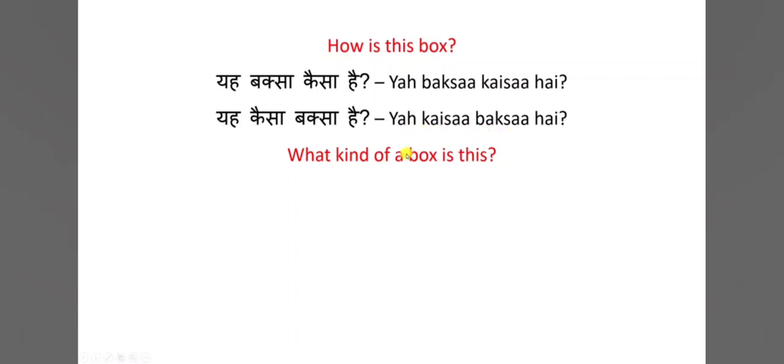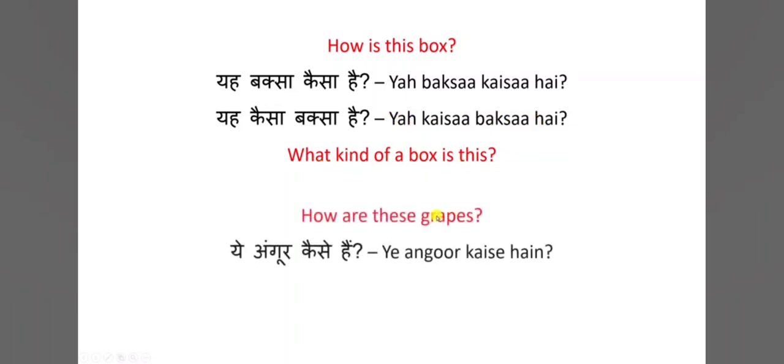This is this, and not how is this box. This is a special case with how. Depending on the position of the word for how, the meaning changes. If you place it before the noun, it has the meaning of what kind of or what sort of. Okay, so this is this.